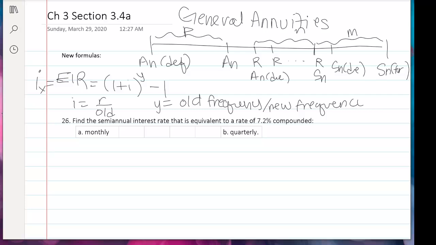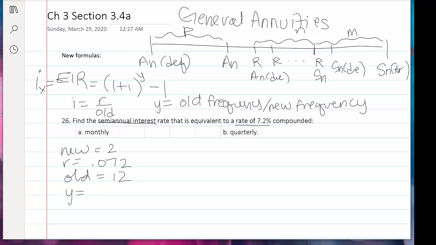Just to get warmed up on this, we're going to do example 26 A and B. In 26A, we're taking a semi-annual interest, so our new is going to be 2. Our rate right now is 7.2%, so r is 0.072. Our old here is monthly, so that's 12 times a year.